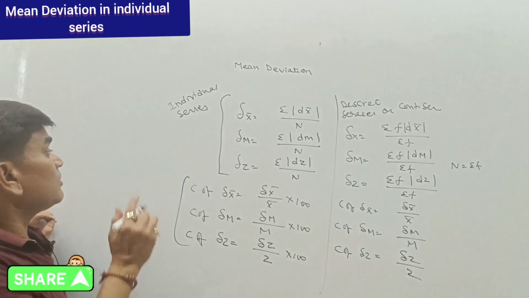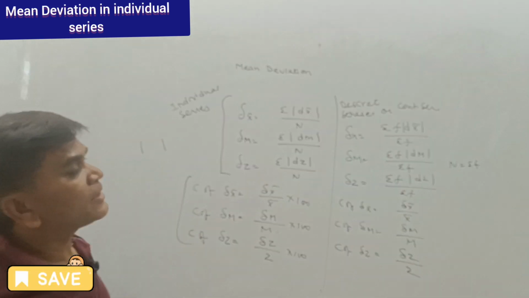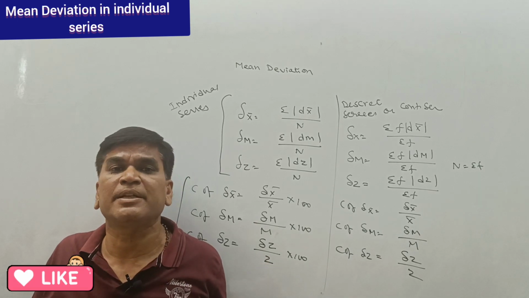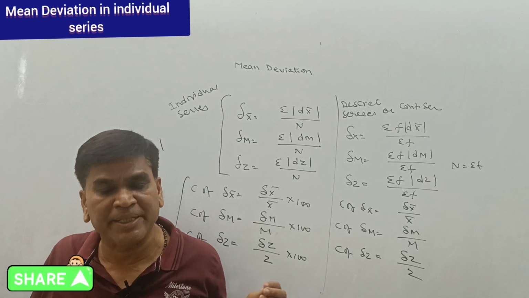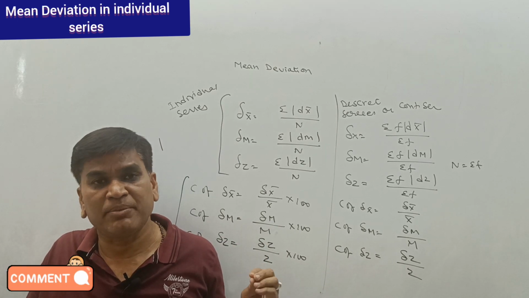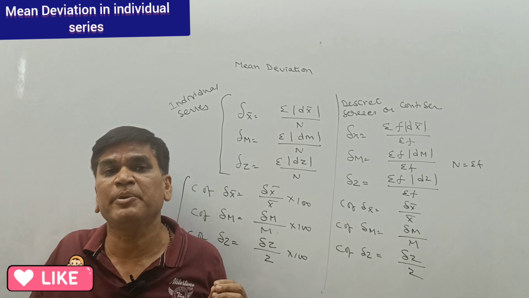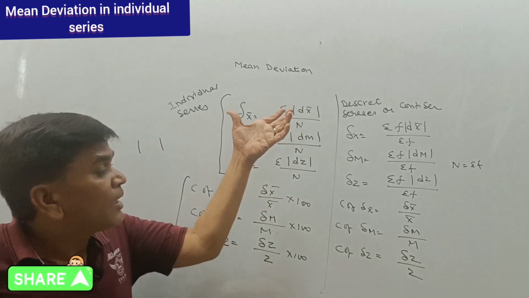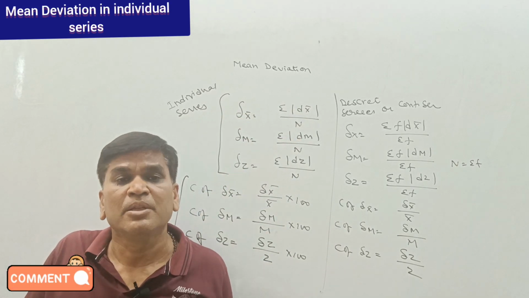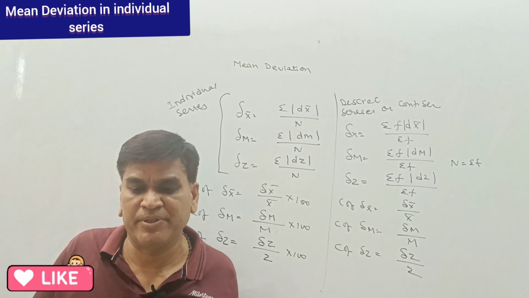Where the two parallel lines are there, it is a symbol of ignoring plus and minus signs. I am giving an example to calculate the mean deviation that will be very beneficial to learn how these formulas are used. So let us take one or two examples to calculate the mean deviation.